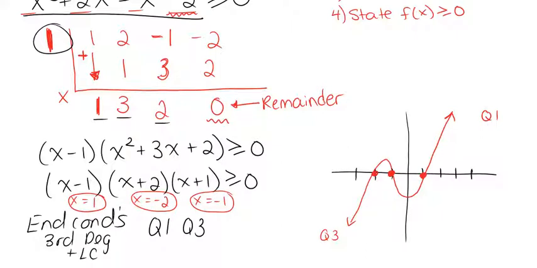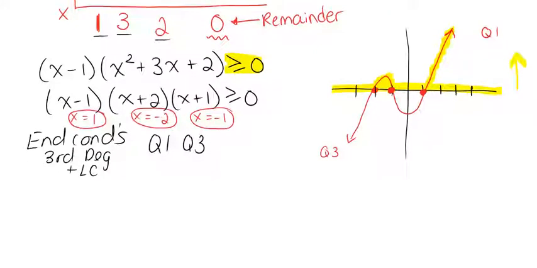Now I want to highlight the values that are greater than or equal to 0. This is our 0 line, so greater than is going to be above that line. This section of the graph is greater than or equal to 0, and so is this hump right here. To describe it, I'm going to use the inequality signs. Right in between -2 and -1 it's positive.